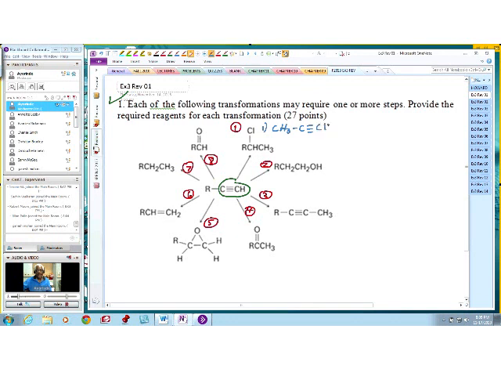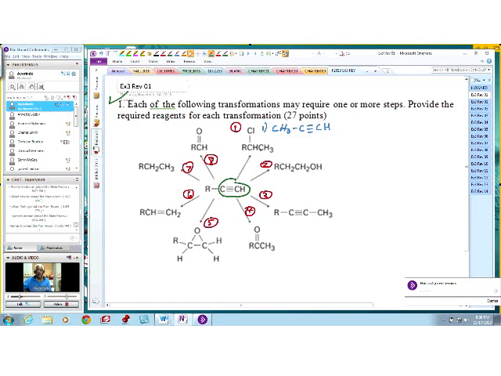What they want us to do here is to transform this carbon-carbon triple bond to this alkyl halide. Now we do know that there is no reagent that would directly transform a carbon-carbon triple bond to an organohalide. Therefore, this must be a multiple-step process.